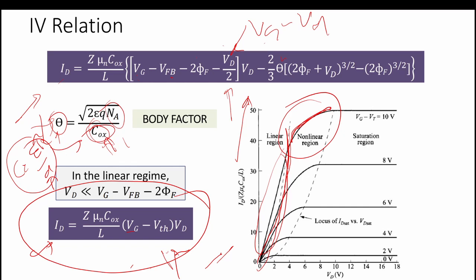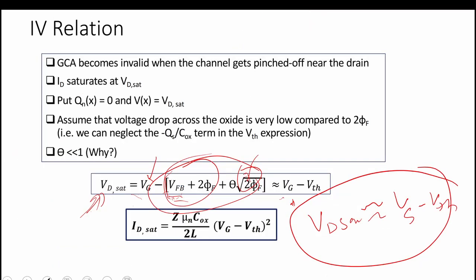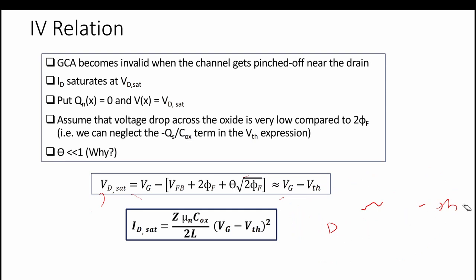So we are left with the equation for I_D saturation. The saturation current is equal to G mu_n C_ox by 2L into (V_G minus V_th) whole square.